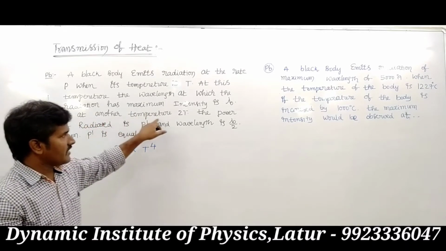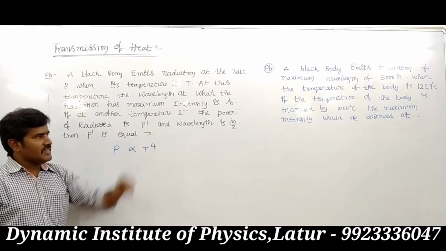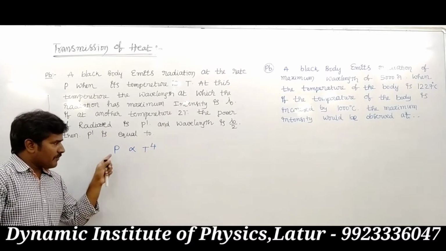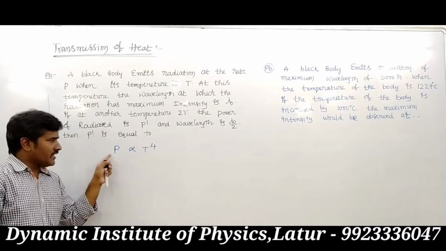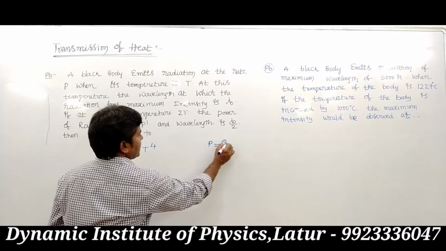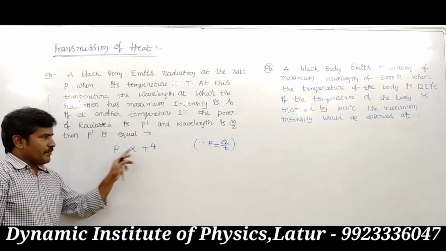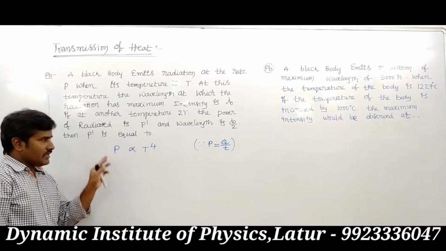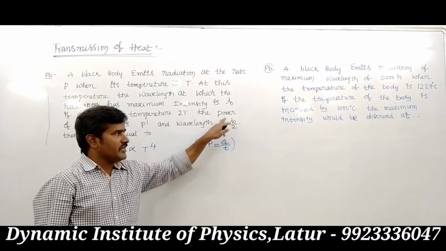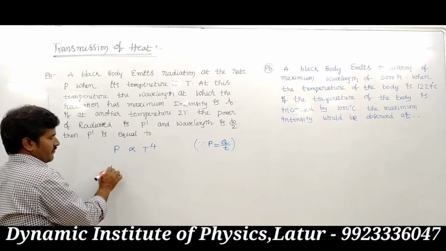If at another temperature 2T, the power radiated is P dash and the wavelength is lambda naught by 2, then P dash is the rate of emitted radiation, Q upon T. The rate of emitted radiation is directly proportional to the fourth power of temperature. Here there is no relation between power and wavelength, just between P and T: P is proportional to T power 4.